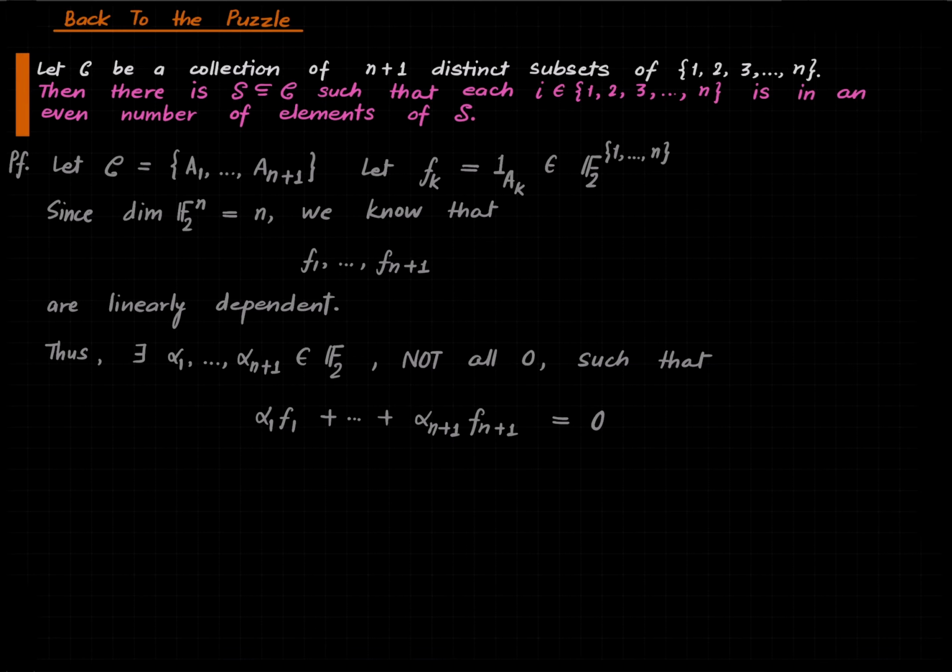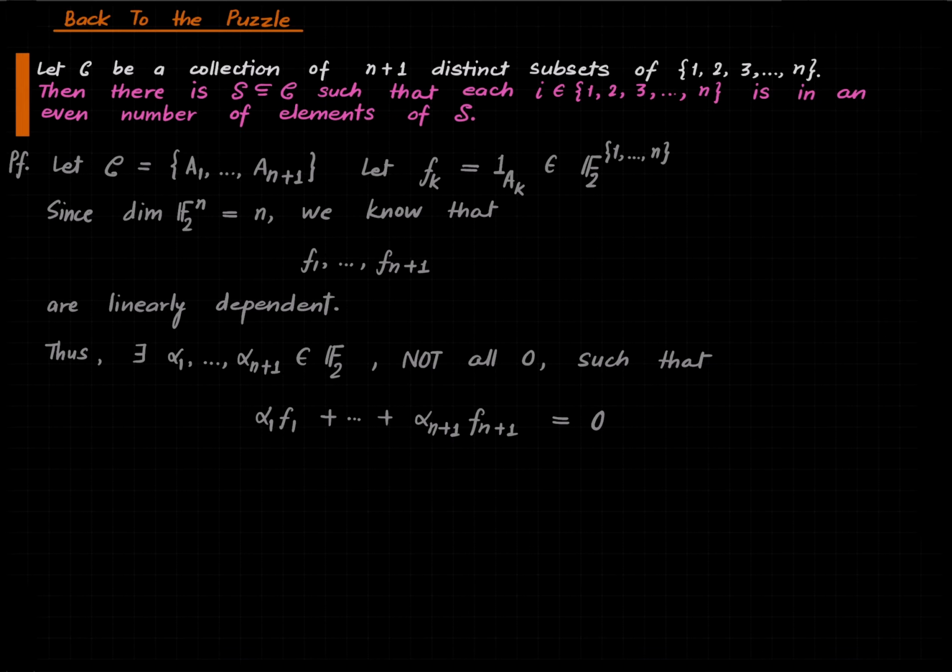So we have that. Now, not all of them are 0. So whichever are non-zero you keep, others are anyway killed. What I'm saying is, if alpha 1 is 0, then alpha 1 f1 is 0. So those are anyway killed. So you can write it maybe as follows. Now, I just want to write this equation without writing the terms which are killed.